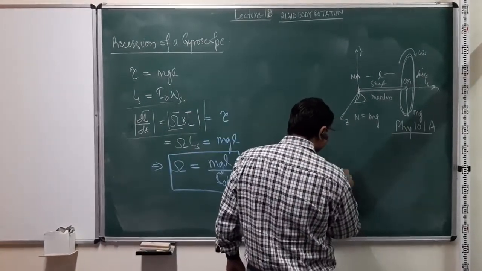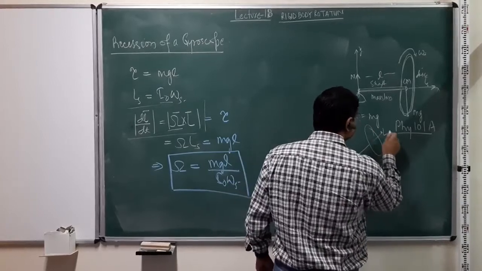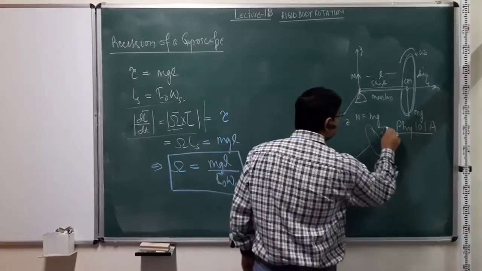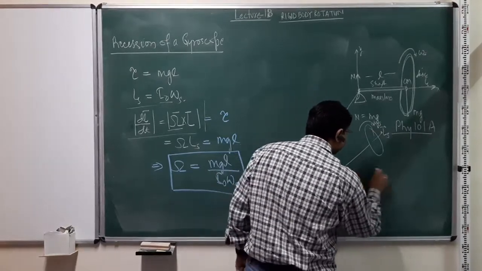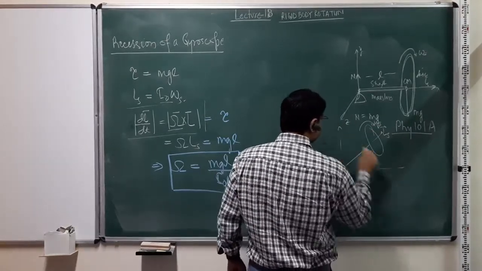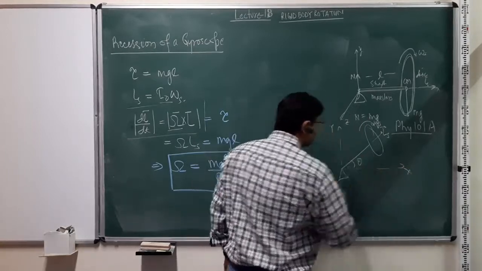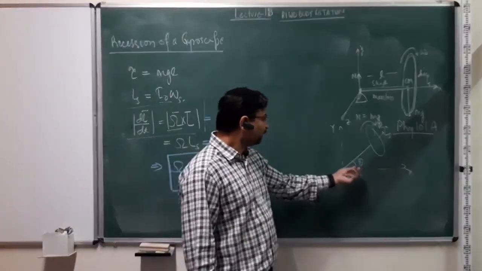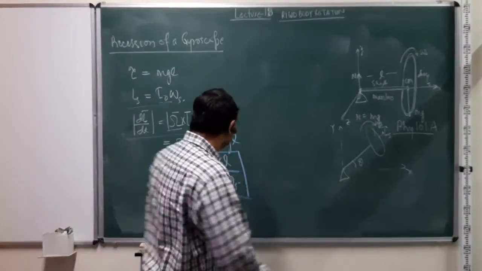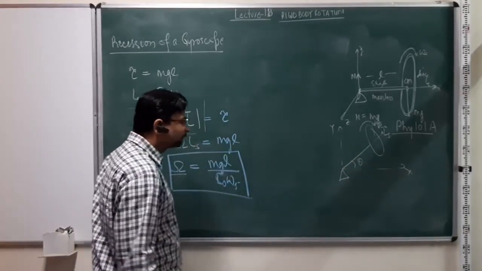So let's say this is my pivot, so that this becomes my initial Ls, this is the spin direction omega s, and then let us say this is the vertical, this is the horizontal. So now let us say this is the angle theta. It doesn't matter what this angle theta is, it could be anything; the value of omega, if I write it for this case, will still come out to be this.